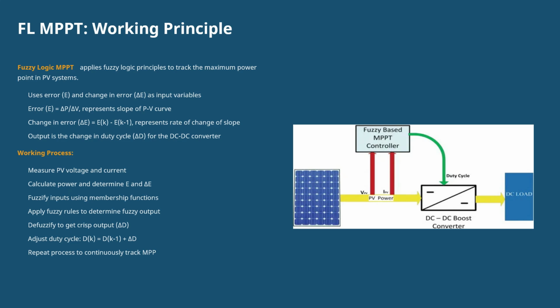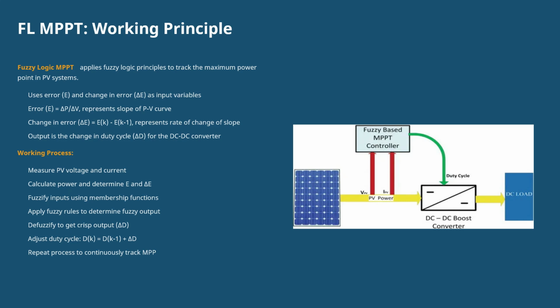Rate of change of slope. The output of the fuzzy controller is known as change in duty cycle, delta D, the change in duty cycle of the DC-DC converter, which is fed to the converter.